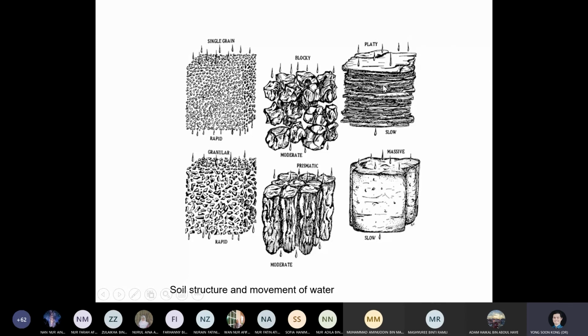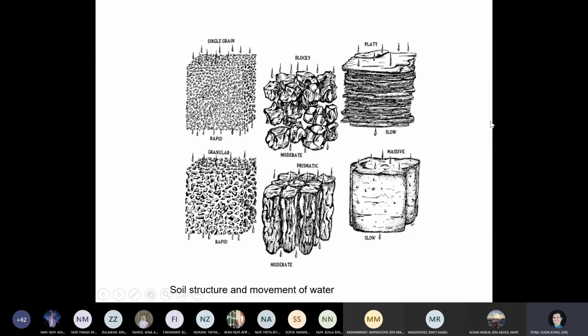Now once the deposition has happened, the next cycle will be the drying process. So after the wet season, where soil particles deposit on top of the layer, the following dry season is going to dry it and compact it, and may involve some chemical process. The chemical process is going to cement and solidify this so-called soil sediment, and hence you have all this platy structure, one piece after another.